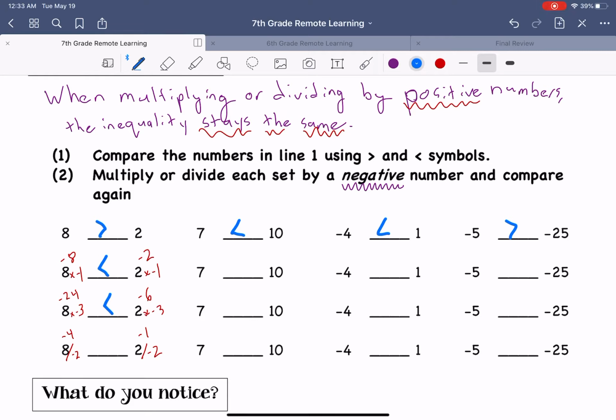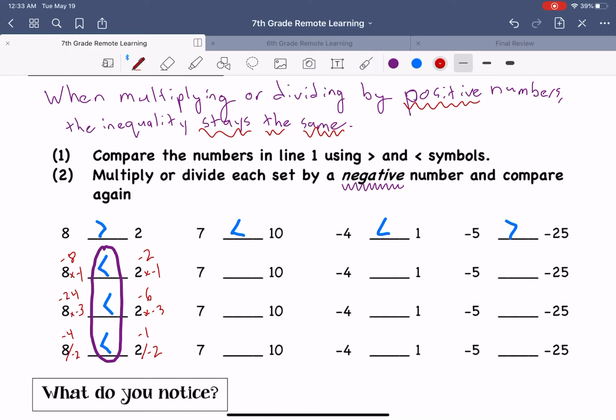And when I compare, -4 is less than -1. So now we see, okay, I multiplied and divided by negative numbers, and it switched. My inequality flipped from a greater than symbol to a less than symbol.